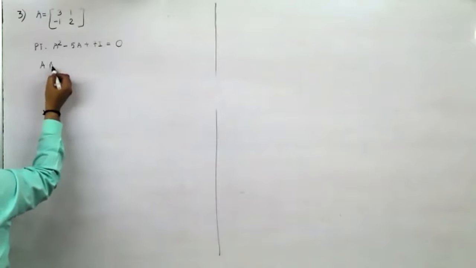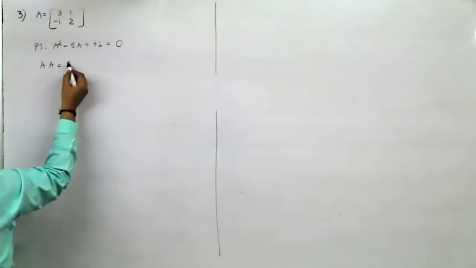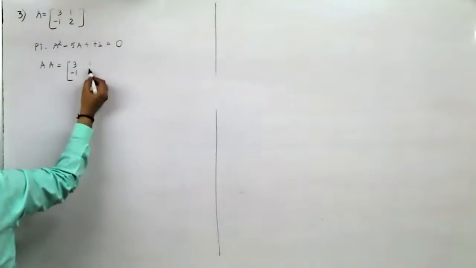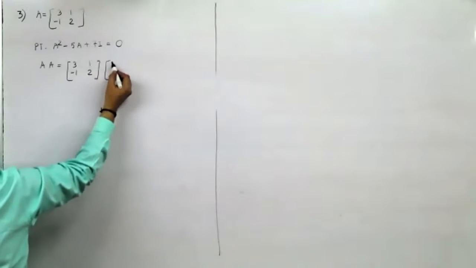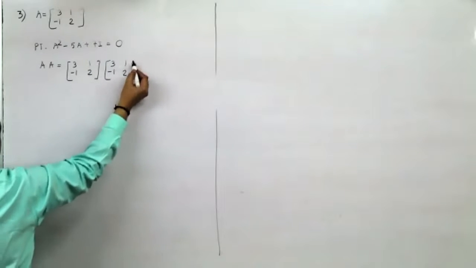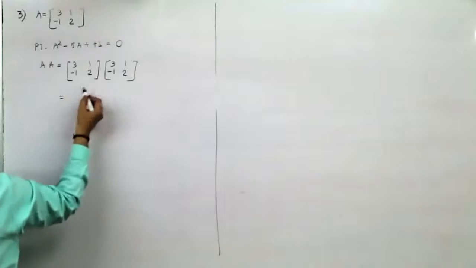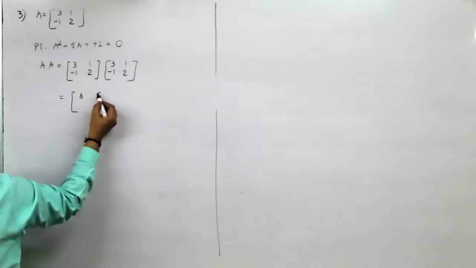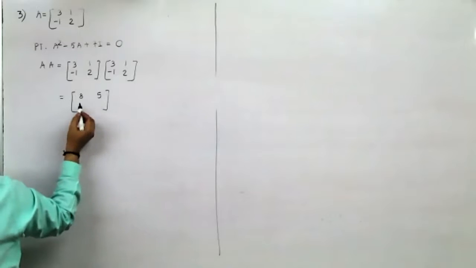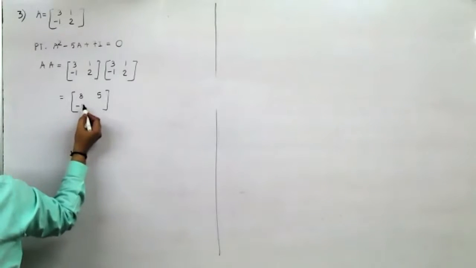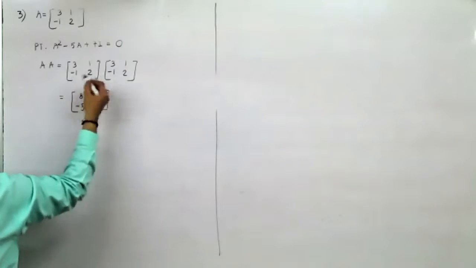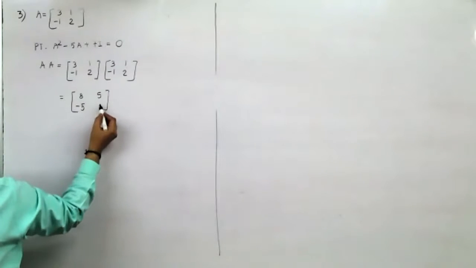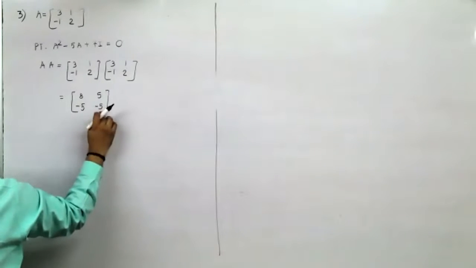Now A into A would be 3 minus 1, 1, 2 times 3 minus 1, 1, 2. This would be 3 3s are 9 minus 1 is 8. 3 plus 2 is 5. Minus 3 minus 2 is minus 5. Minus 1 minus 4 is minus 5.